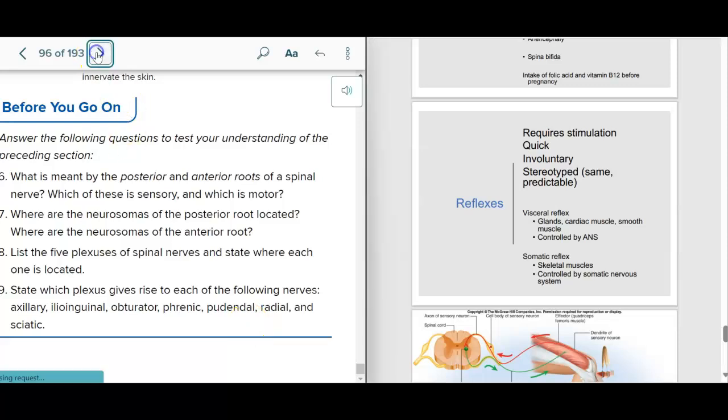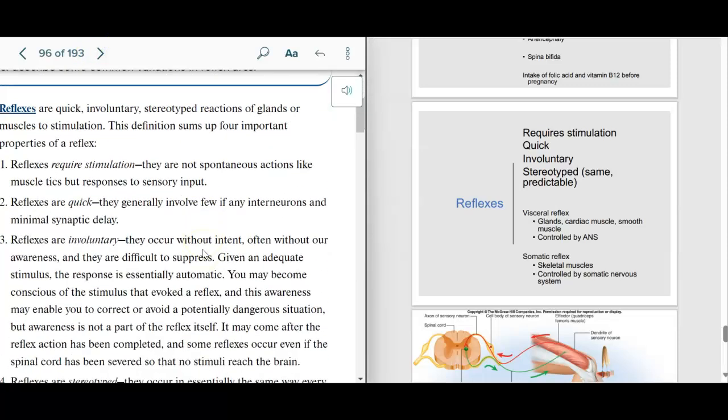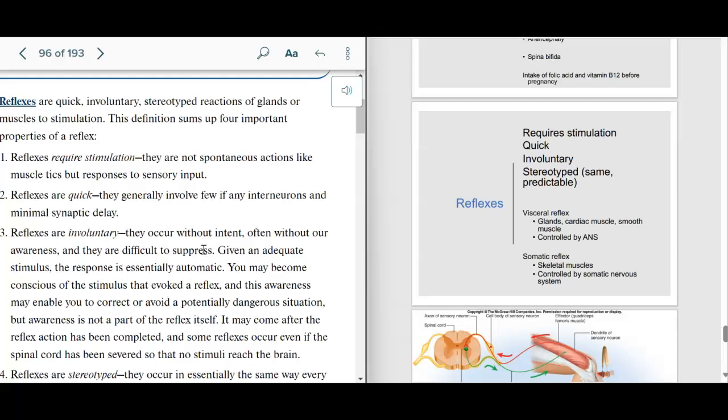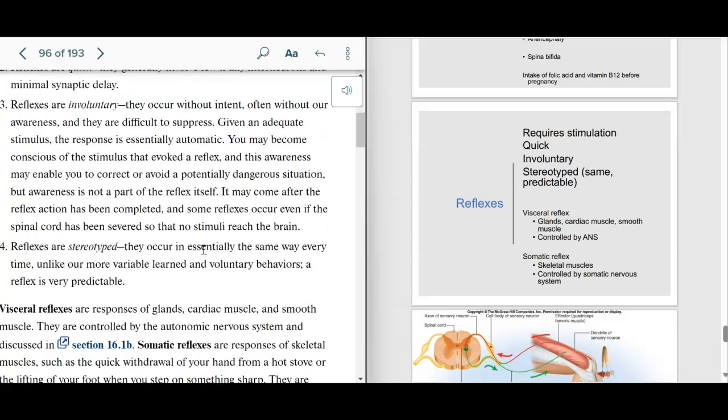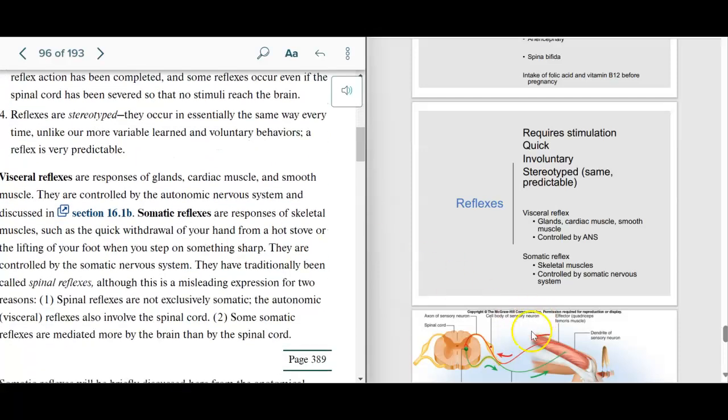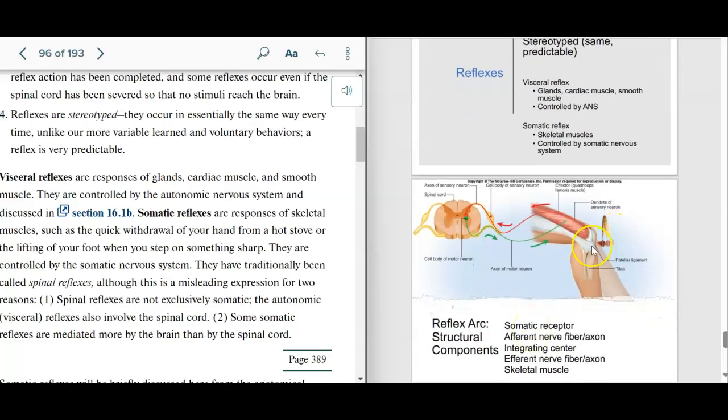Reflexes, we talked about just briefly. Reflexes are a quick involuntary movement we don't think about, like when the doctor hits you on the knee, that is a reflex. What happens is you have sensory information that goes to the spinal cord, and it immediately synapses with a motor neuron that tells a muscle, ooh, we need to move.